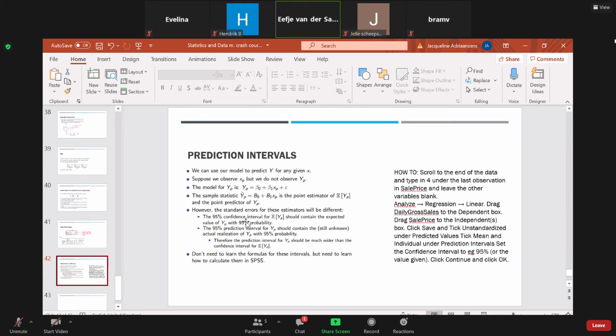The confidence interval estimates the expected value of y. So for example, if I have a population, and I take a sample, and I want to know the average age of the population, then I can use a confidence interval to say with how much certainty we include the actual mean value.